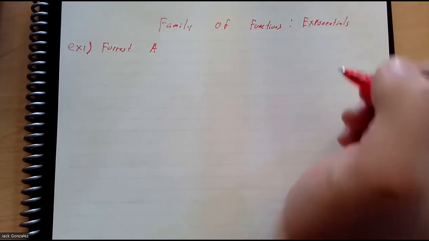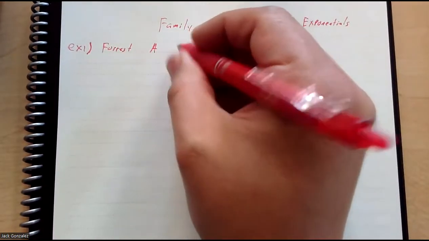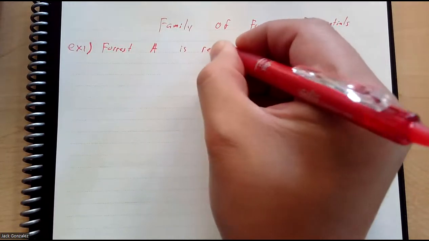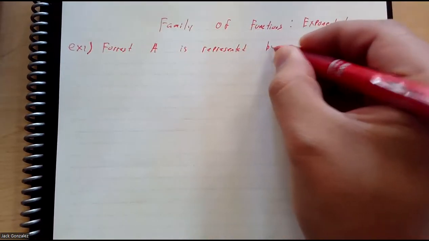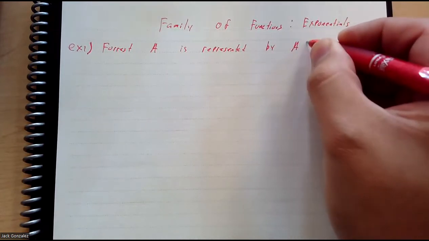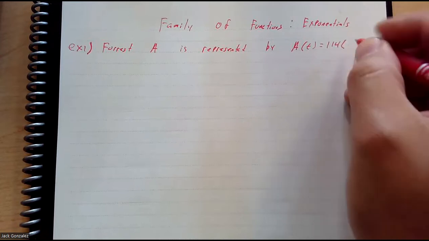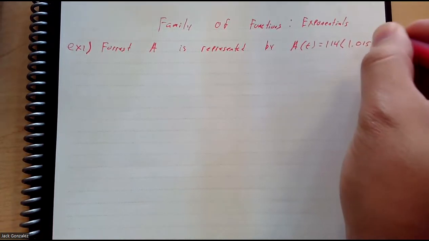All right, so on the homework, the entire section is about exponential functions. The first question is a word problem. It says that forest A is represented by a function called A of t equal to 114 times 1.015 to the t.